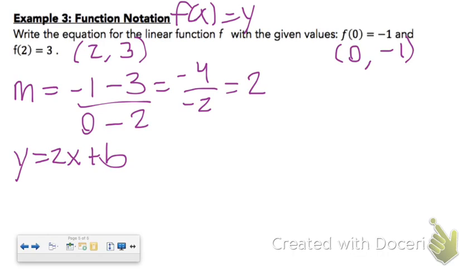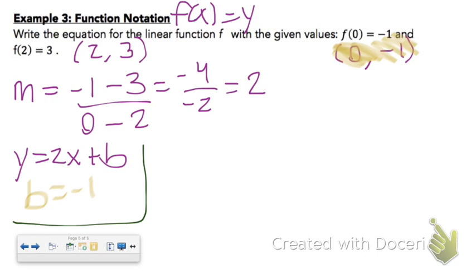So remember, a y-intercept has an x value of 0. So over here where you see 0, -1, this is actually the y-intercept. So if you recognize that, then that saves you some work. You know b equals -1, and you can just plug it in to get your answer.